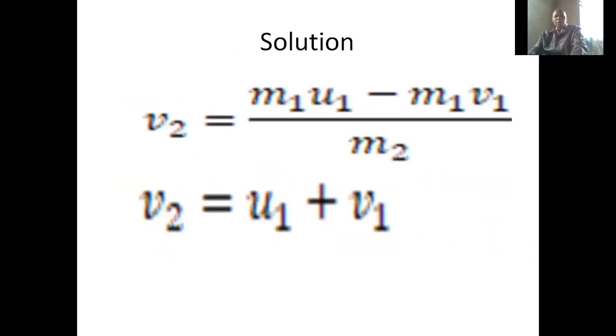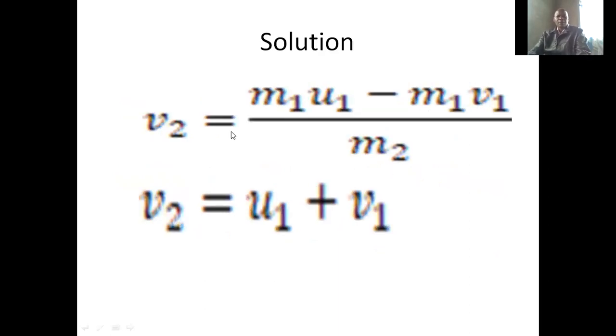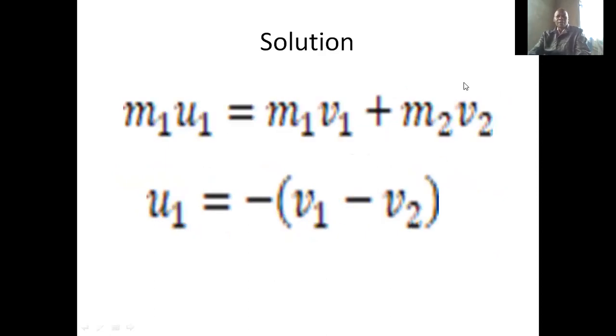And so from there, we can make v2 the subject of the formula. If we make v2 the subject of the formula, this is what we get. We have just rearranged here: you take this term to this side, and then you divide by m2.